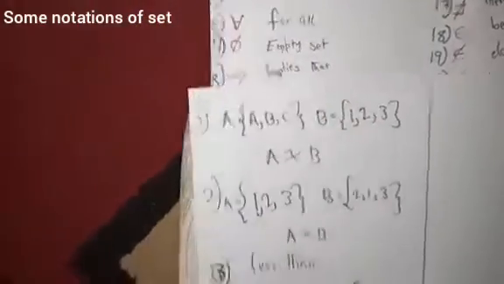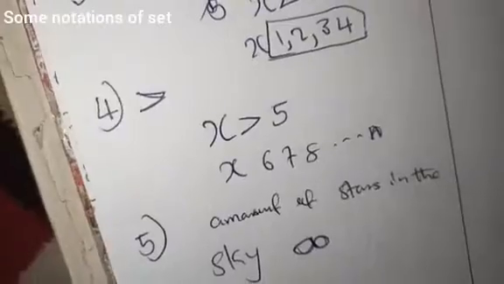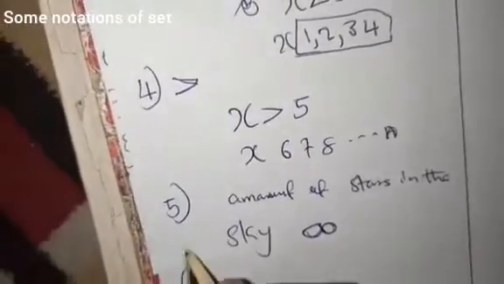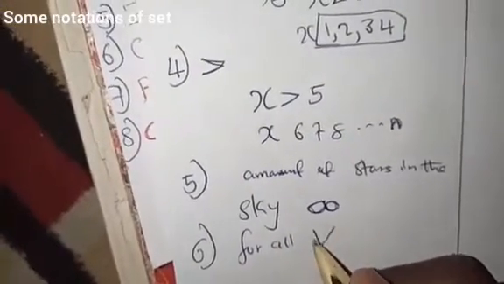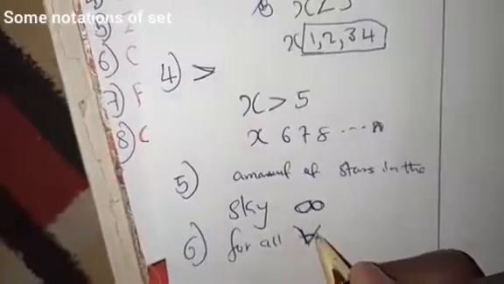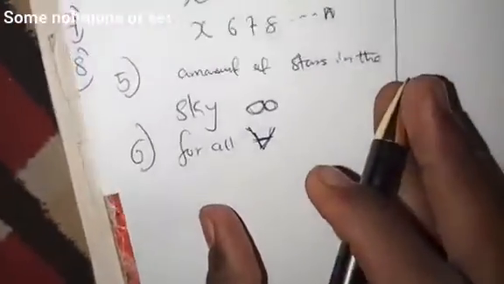Now we are moving to the next one, number 5, for all. For all is a frequent notation used in sets. For all can be used in generalizing something.